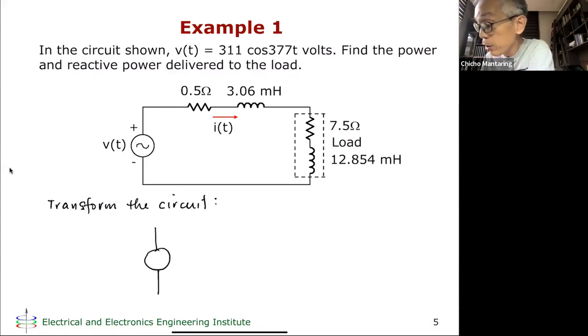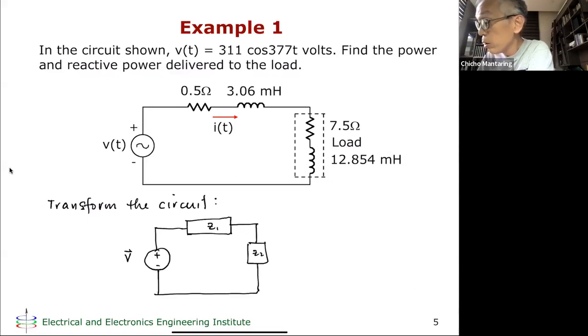You have a voltage source this way, and then you have a Z1, and then you have a Z2. Let's say this is L1, and this is L2. Z1 is 0.5 plus j omega L, where omega is equal to 377.